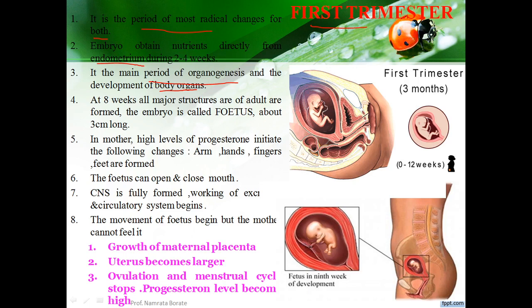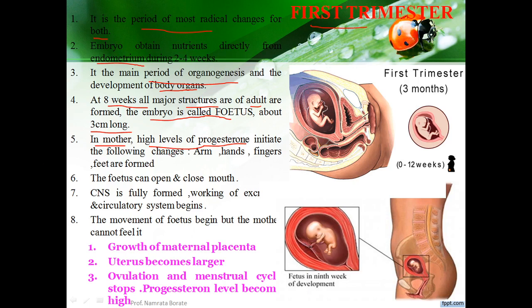By the end of 8 weeks, meaning 2 months, all the major structures of the adult are formed. The embryo is now called the fetus, and it's about 3 centimeters long. In the mother, a high level of progesterone is initiated.